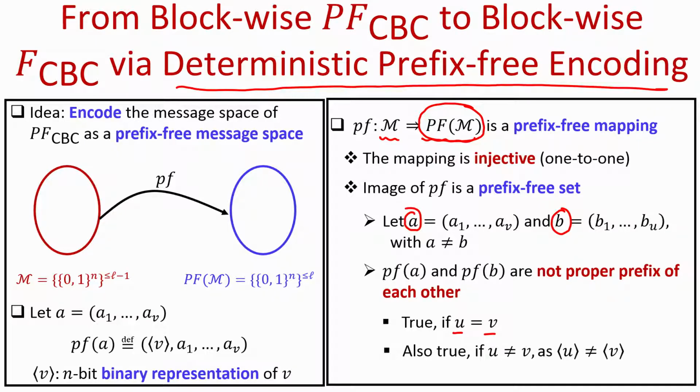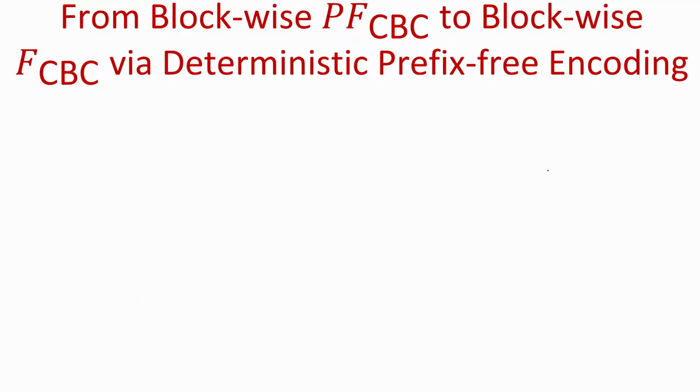That means the first block which we are putting in the encoded A and the first block which we are putting in the encoded B will be different, which will ensure that overall the encoded A and the encoded B are different. So, that proves our claim that the image set of the mapping that we have considered here indeed gives you a prefix free set, right.